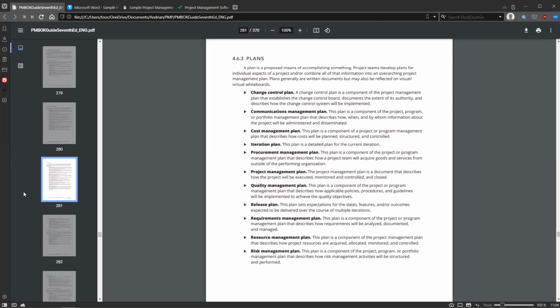Quality management plan is a way for the project to ensure that everything that's being done, everything that's changed, is conforming to the policies, procedures, and guidelines, and also that the objectives we achieve are complying with certain quality requirements.